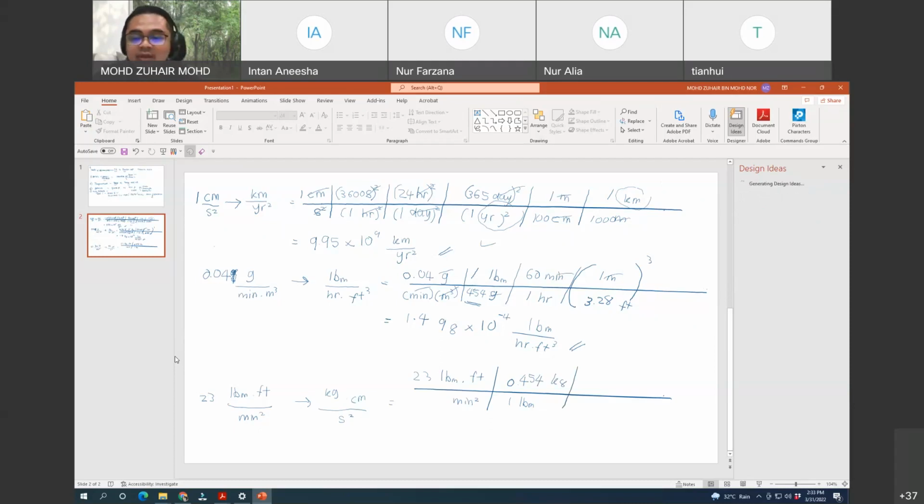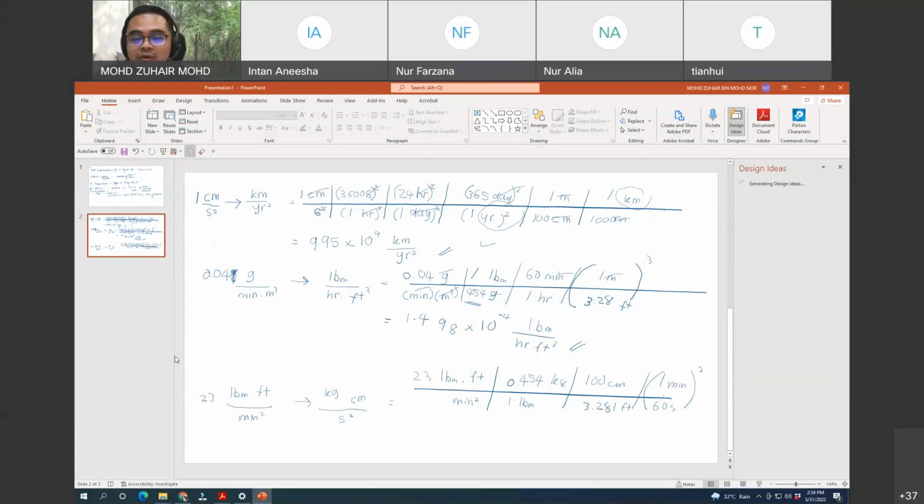And then after that, 4 feet, we want to convert to cm: 100 cm equals to 3.281 feet. And then we want to convert the minute to second. 1 minute equals to 60 seconds, but all of these are in the power of 2.